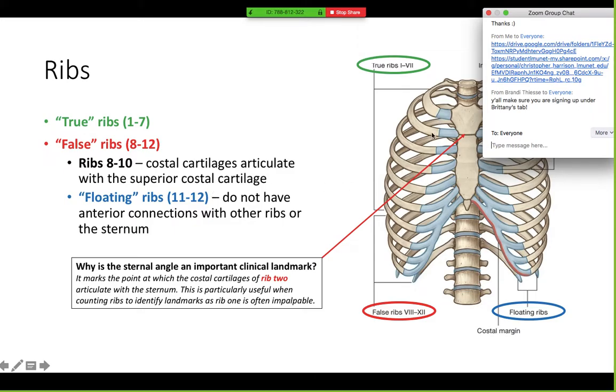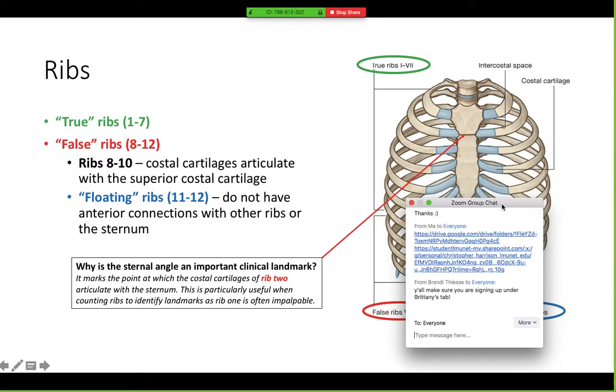So if we count down 1, 2, 3, 4, 5, 6, 7, then 8, 9, and 10 are articulating with the costal cartilage of the rib above. Ribs 11 and 12 are called floating ribs because they don't have any anterior connection with other ribs or with the sternum.